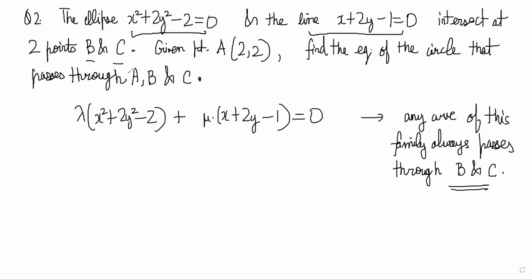Because B and C were lying on the ellipse and also lying on the line. So they will definitely satisfy this equation, right?